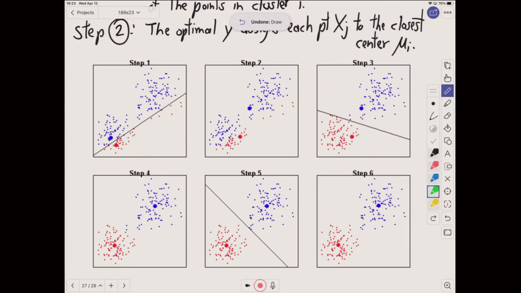Then we change the means again in step 4. The means move to these two locations. In step 5, the means do not move, but we recolor all the points, and so on. By this point, we've reached convergence.